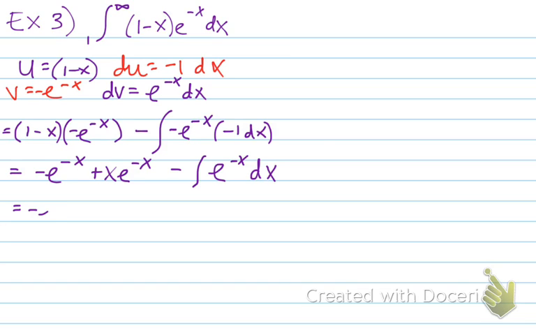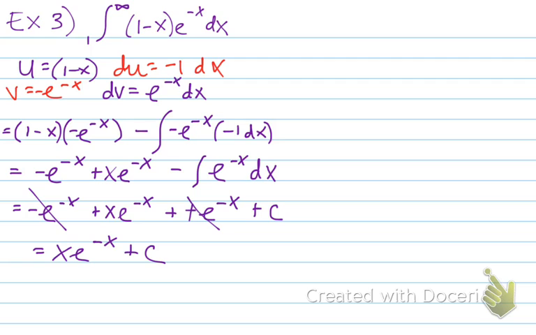So if I keep going with this, I have negative e to the negative x plus x e to the negative x minus the integral of e to the negative x, which is negative e to the negative x. So this turns into a plus. And now this piece is going to cancel with this piece, plus c over here. And I just get x e to the negative x plus c. So that's the integration by parts of this.